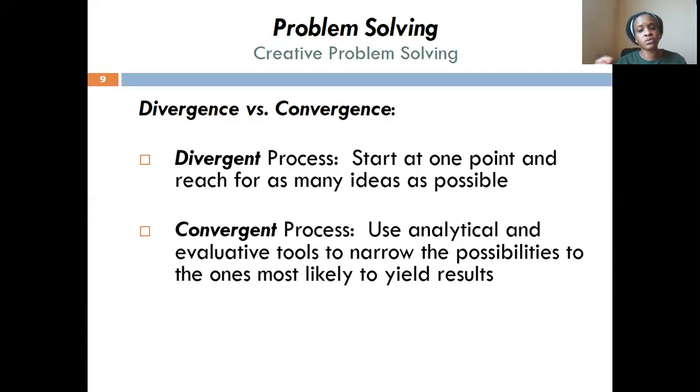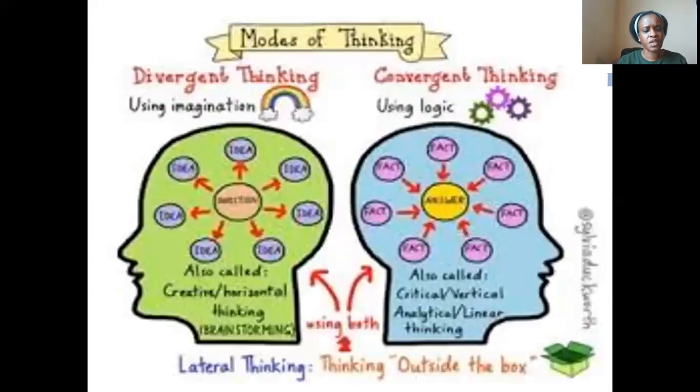From these two stages emerges our individual preferred problem solving styles. So you could be a divergent thinker, or you could be a convergent thinker. We say that a divergent thinker uses a lot of imagination, churns out lots of ideas. A convergent thinker uses evaluative analytical tools to just shrink down to one particular idea.